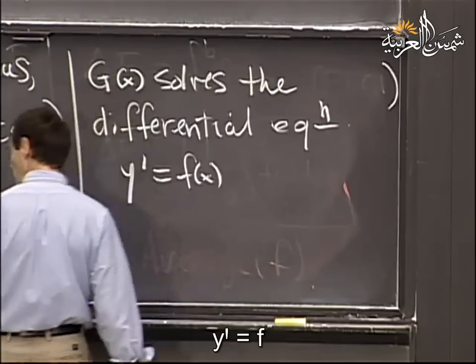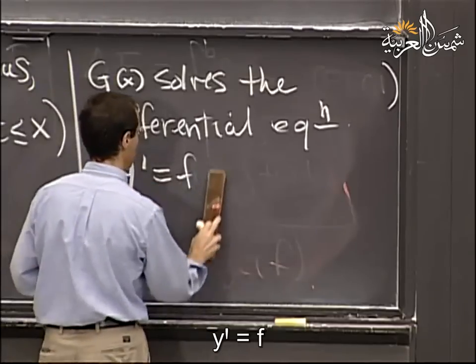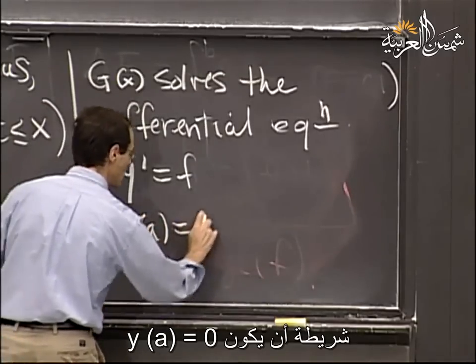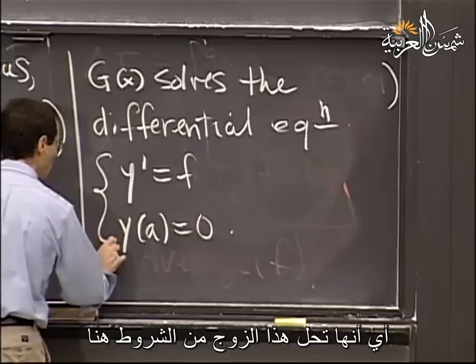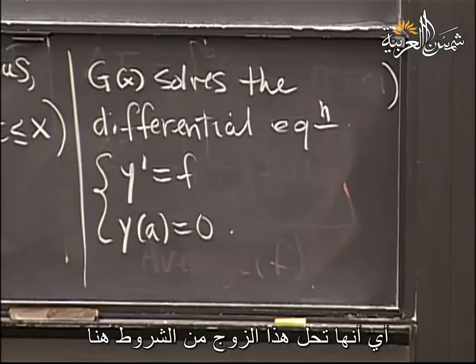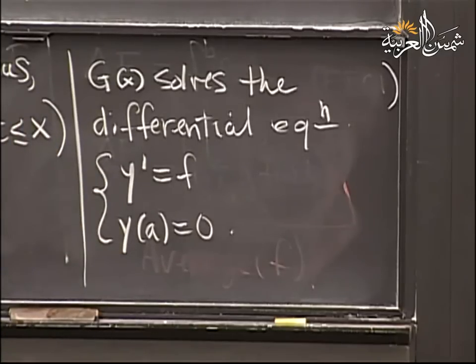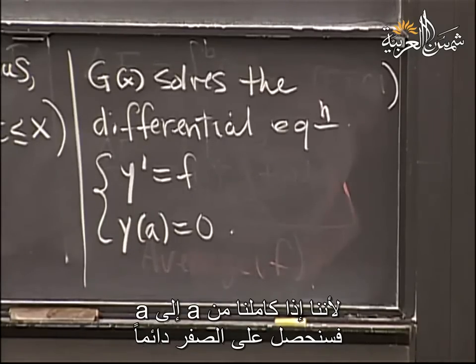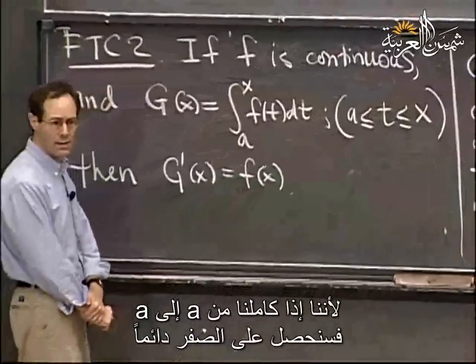So y prime equals f. Shouldn't you put the x in? Yes, y prime equals f of x, with the condition y of a is equal to 0. So it solves this pair of conditions here. The rate of change and the initial position are specified here because when you integrate from a to a, you get 0 always.